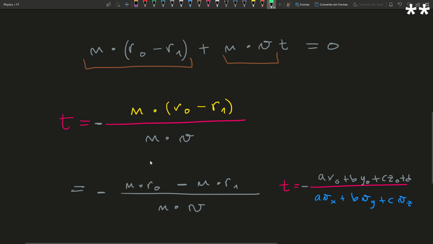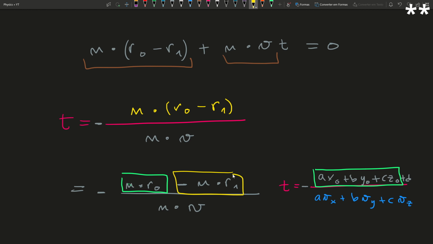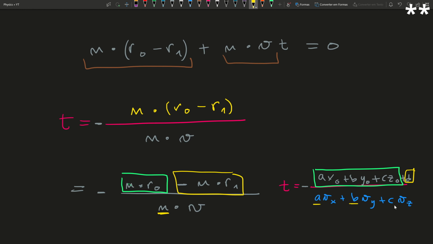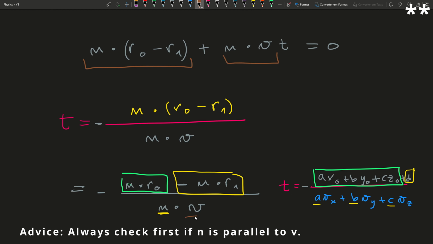Here, comparing, we find that this part, the projection of r0 along n, is found here, where the components of n are a, b, and c. The projection of r1 along n with a minus sign is found here. It's a d. And the denominator, well, we find here the coordinates for n, here a, b, and c, and the coordinates for v, here vx, vy, and vz.